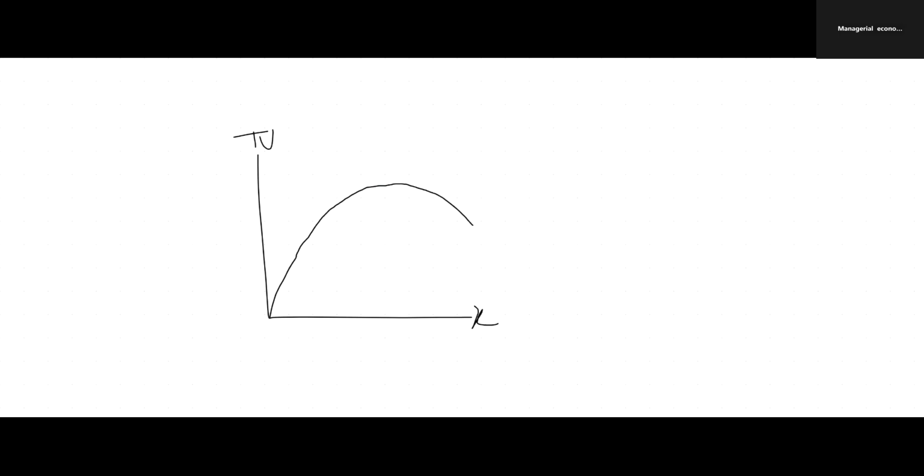First, the consumer consumes identical units of the same product. Each unit of the X product is identical, there's no change in them. And we also assume that the consumer consumes these units one after the other without taking a break, so continuously he consumes.